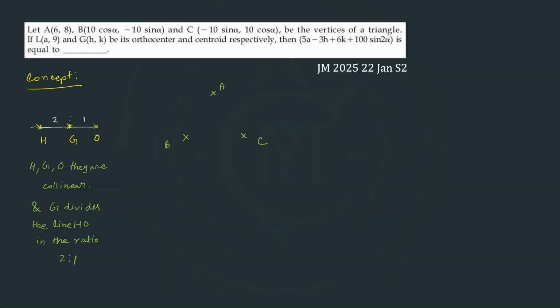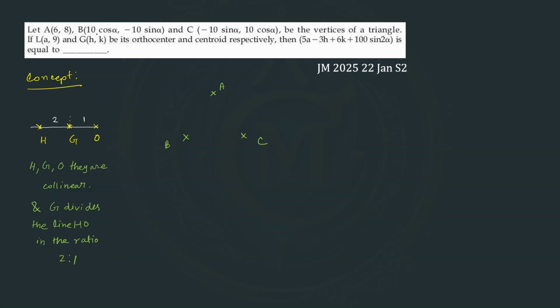So to determine the orthocenter and the centroid of this triangle, we need to know something about the circumcenter of this triangle. So how to find the circumcenter? Now here is a tricky observation that B and C are actually lying on a circle of radius 10 units, which is centered at the origin. Why?